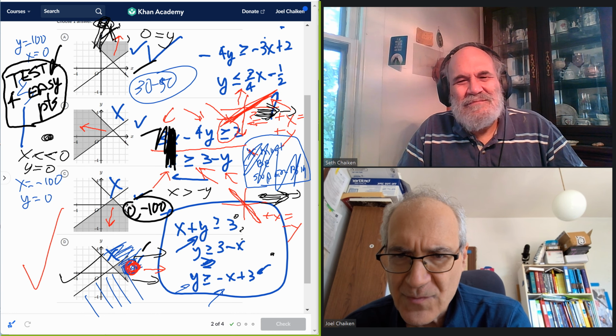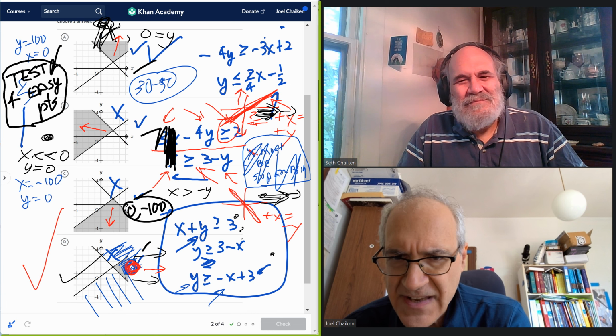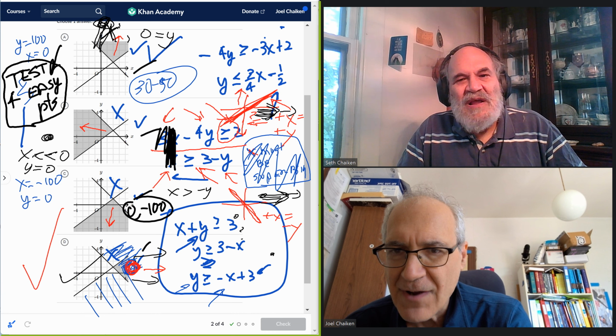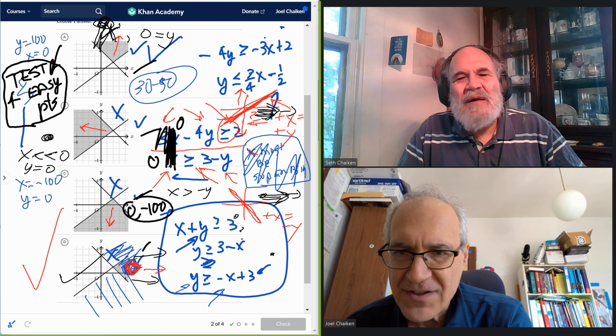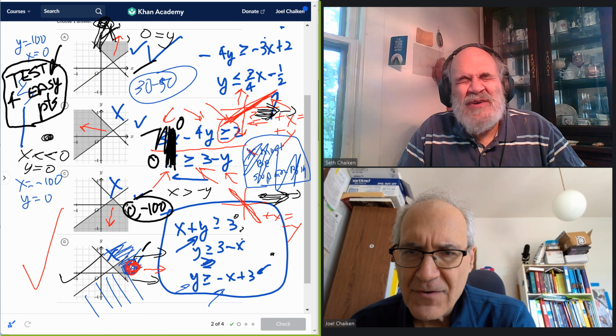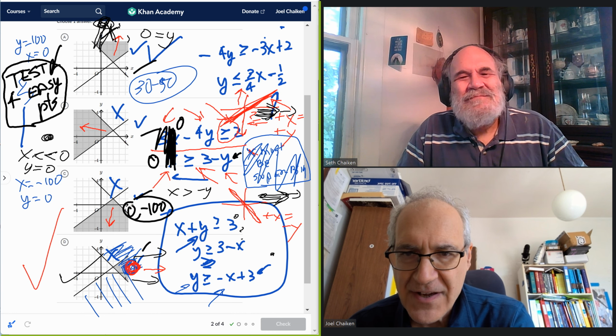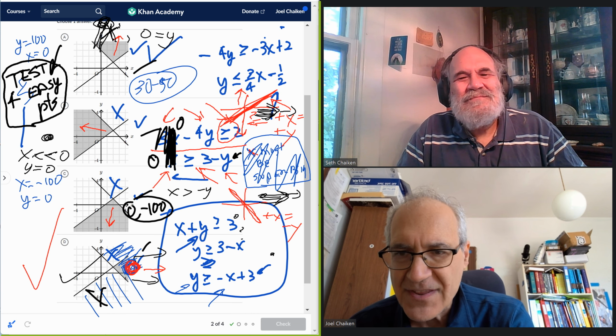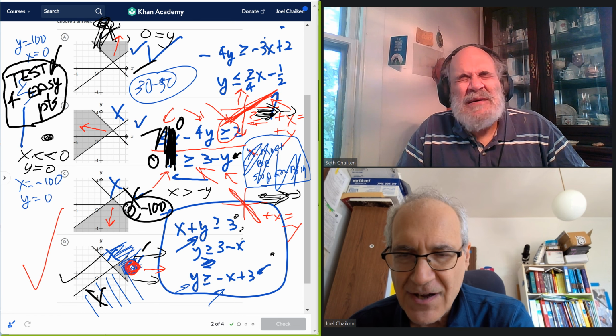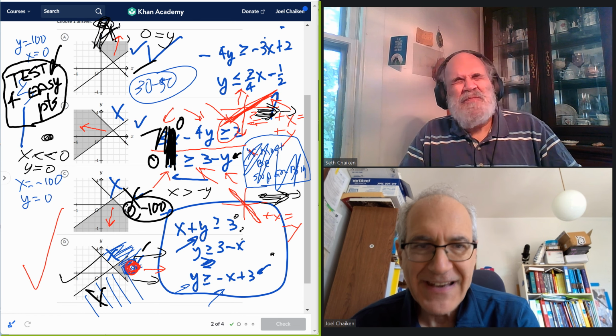Does negative 100 work here? Oh, 0 is 0. Negative 100 gives us a very positive thing on the right, so it doesn't work, because 0 is not greater than 3 minus negative 100. So this you have to throw out.